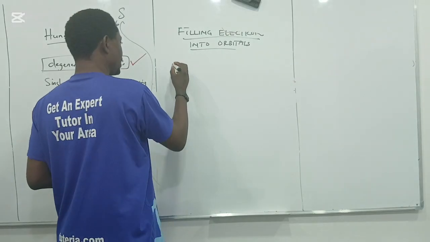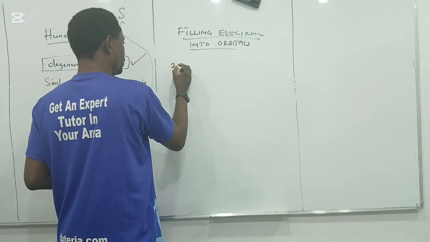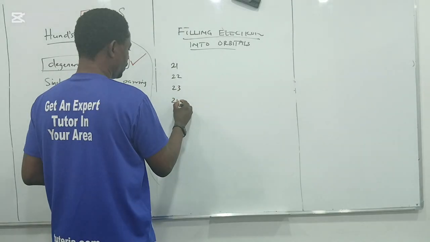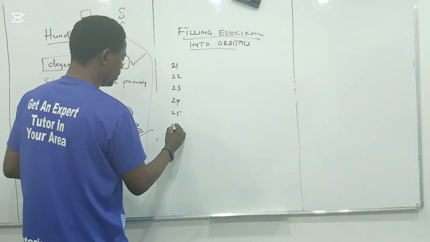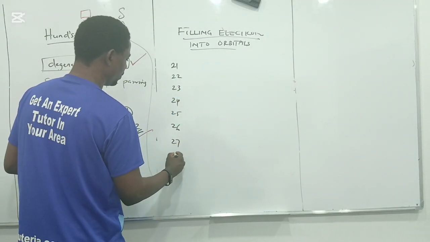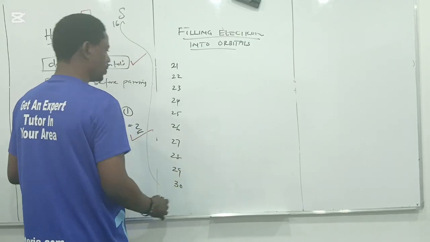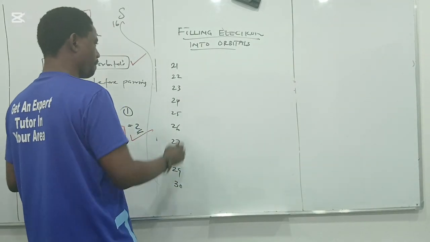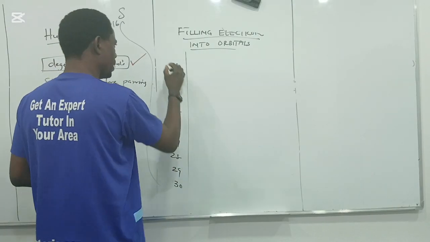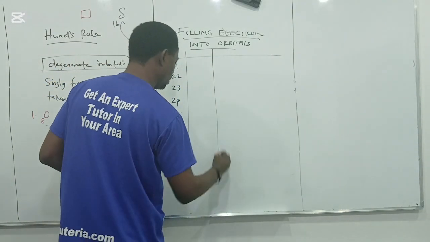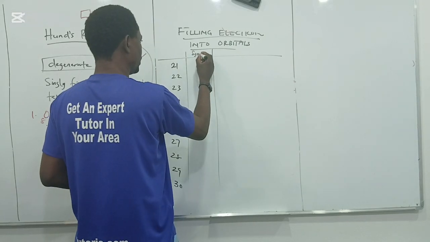So let's start from number 21, 22, 23, 24, 25, 26, 27, 28, 29, 30. All right. So that is the atomic number. So the symbol of the element is what I want to write. I only want to write the name.